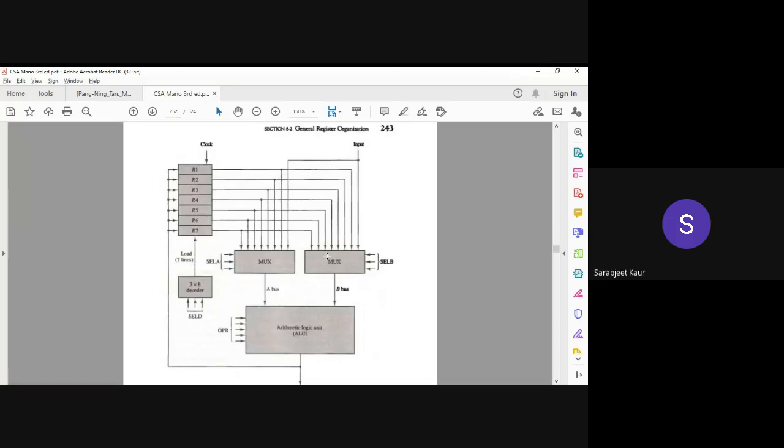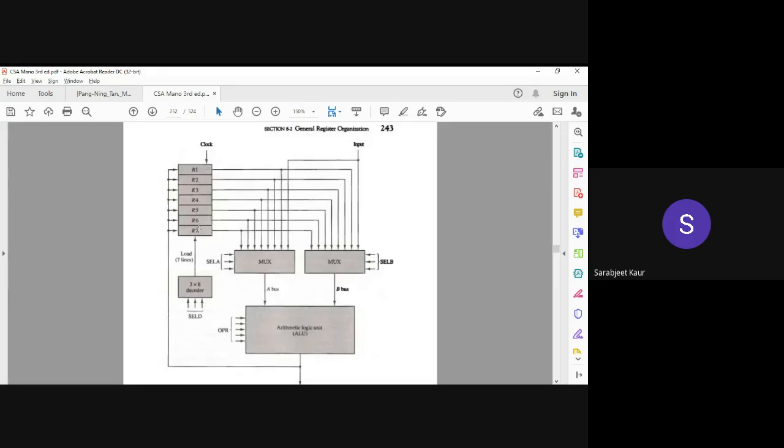Okay. Now, out of these registers, which register stores operand 1 is told by the select A lines. Okay, so if this is an 8 cross 1 mux, we know that it will require 3 selection lines, right?